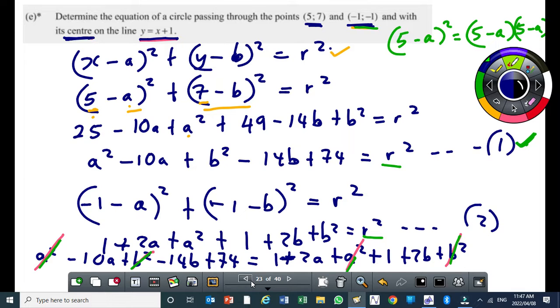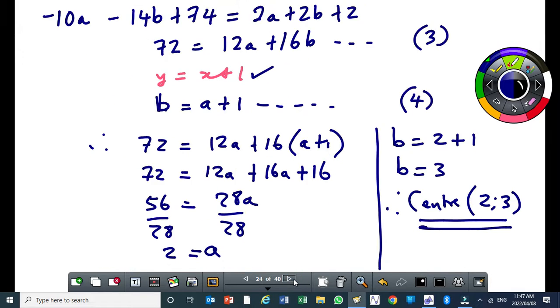Therefore, if we want to determine an equation in terms of a and b, we can substitute the coordinates of the center into this equation, because the center of that circle is along that straight line. So the coordinates of the center of the circle obey this equation, y equals x plus 1. If you put x equal to 2 here, 2 plus 1 gives you what? 3. And the y is 3. Yes?